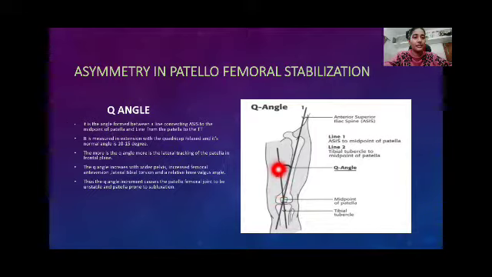From the cross section, this is the angle which is normally 10 to 15 degrees. And as this is the frontal plane, the resultant by the parallelogram is directed on the patella laterally. So if this angle keeps increasing, there will be more lateral patellar tracking.